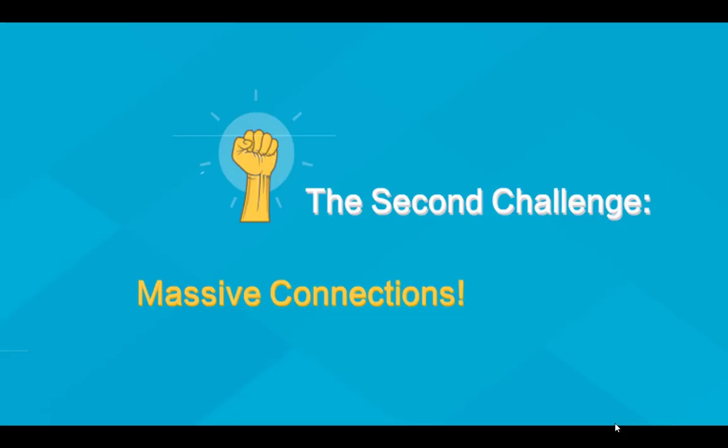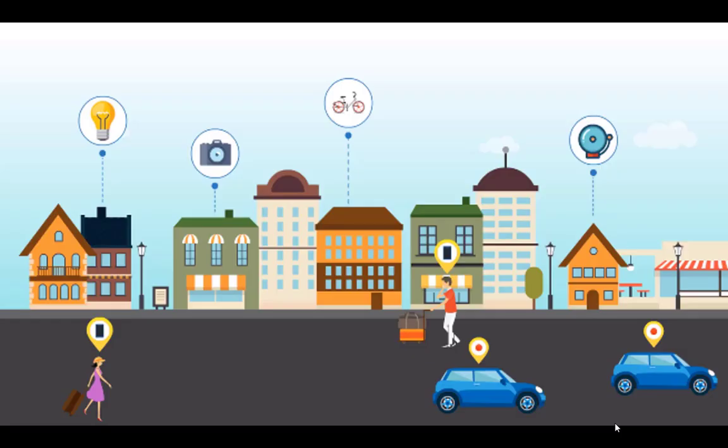Now look at the second challenge, massive connection. As I already mentioned, in earlier systems our first priority was to connect person to person. Then, as we moved forward with advancement, our priority was that a person should connect to devices.